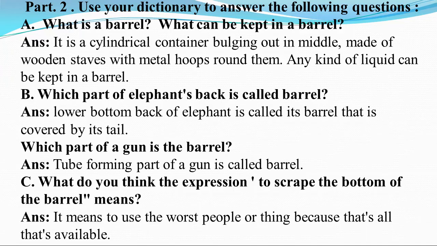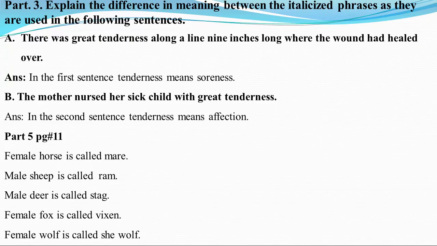Part 3. Explain the difference in meaning between the italicized phrases as they are used in the following sentences. There are two sentences. Number 1 is, there was great tenderness along a line 9 inches long where the wound had healed over. Paragraph 4.